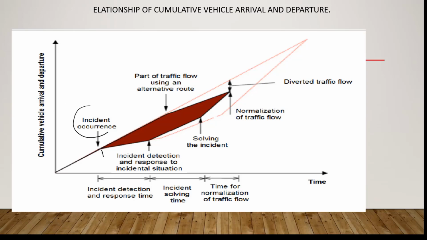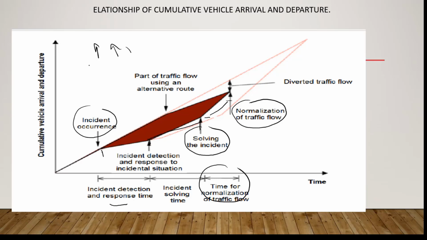This is the portion where that specific accident occurs, and this is where the situation gets resolved, and this is the solving of that specific incident. So this is the incident detection and response time, and this is the solving time, from here to here. And this is the time it will take to get the situation back to normal. Again, here we have three lanes.